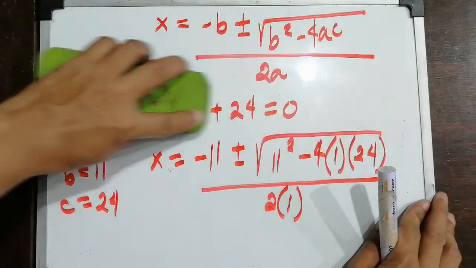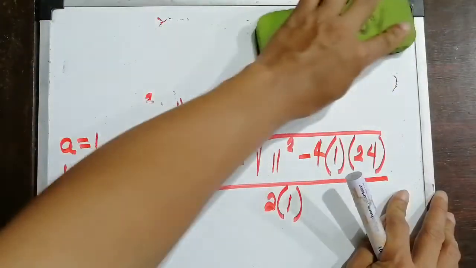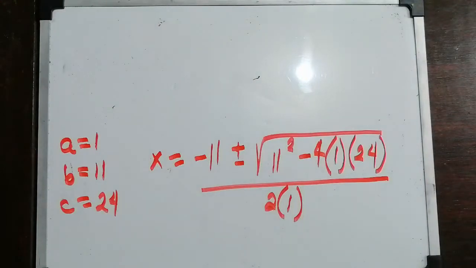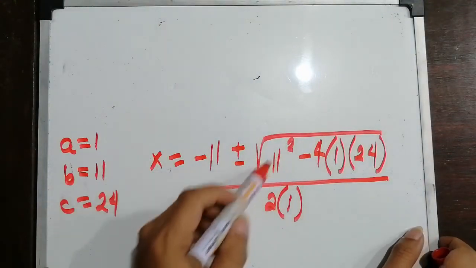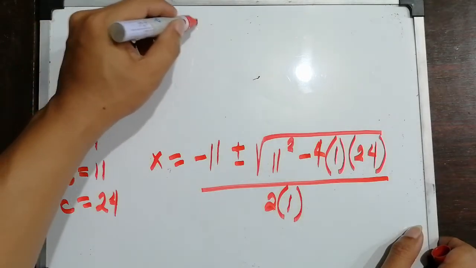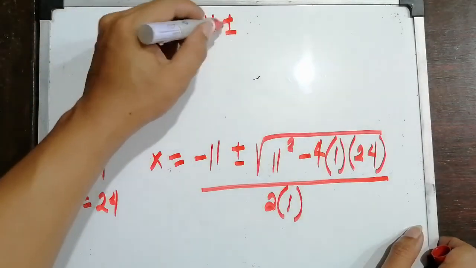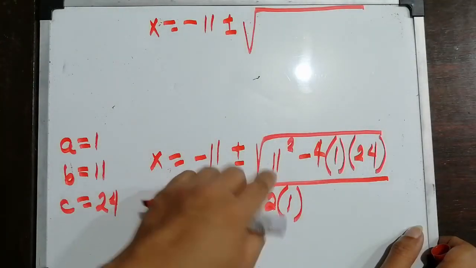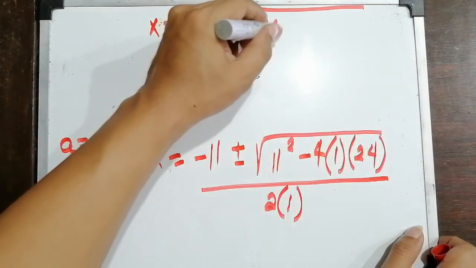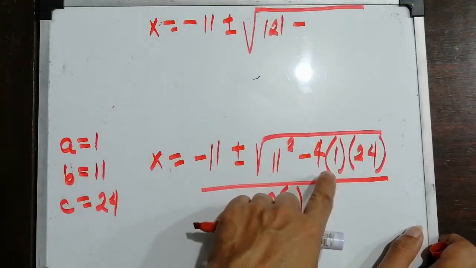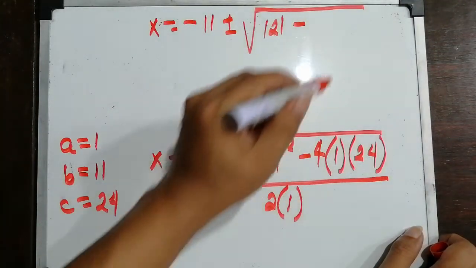Next. So, simplify natin yung loob ng radical. So, x equals negative 11 plus or minus square root of 11 times 11 or 11 square is 121 minus 4 times 1 is 4 times 24.